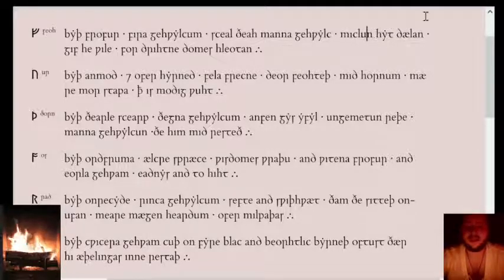What we see here is what's called an adverbial use of the dative, and this is something that Germanic languages like to do a lot, where instead of using something more akin to our ly for an adverb, Old English will put an adjective or a noun in the dative, so it's like for or to something.